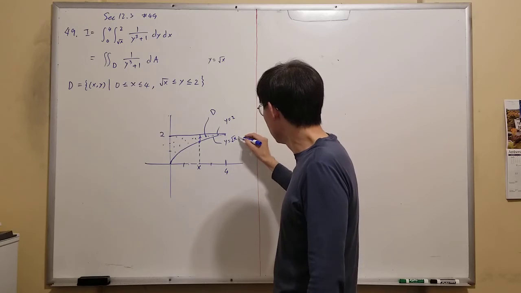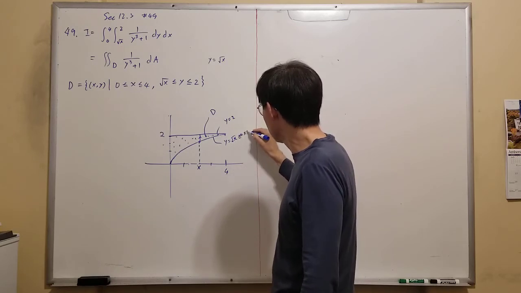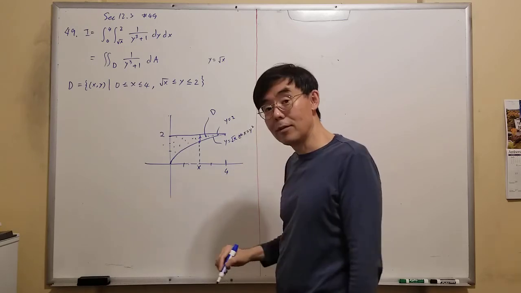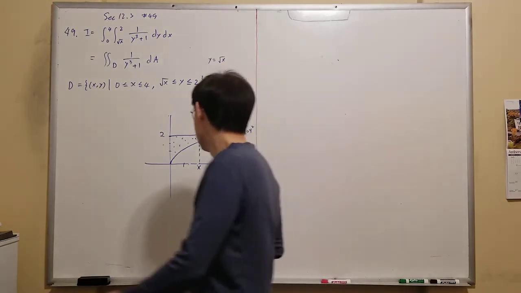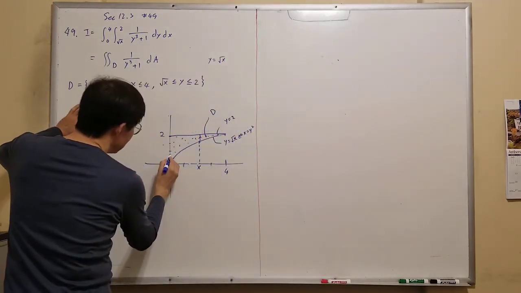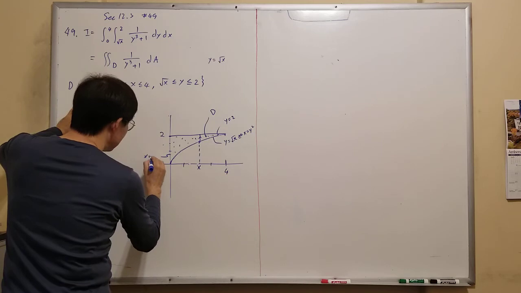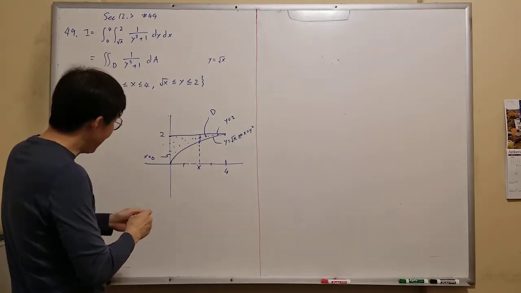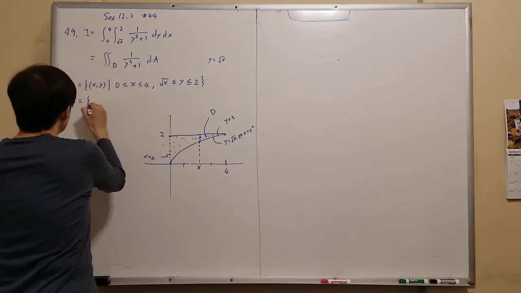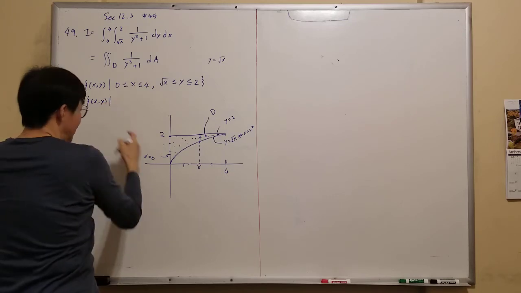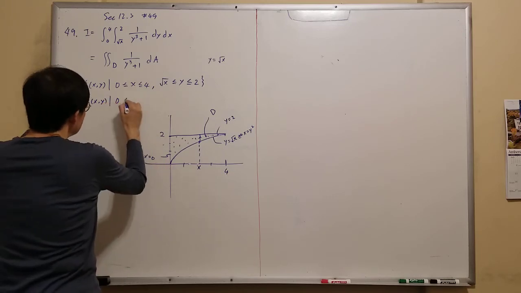Okay? Now then, y equals square root of x is the same as x equals y squared, right? And this one is x equals 0. So you can write in type 2: y runs from 0 to 2.